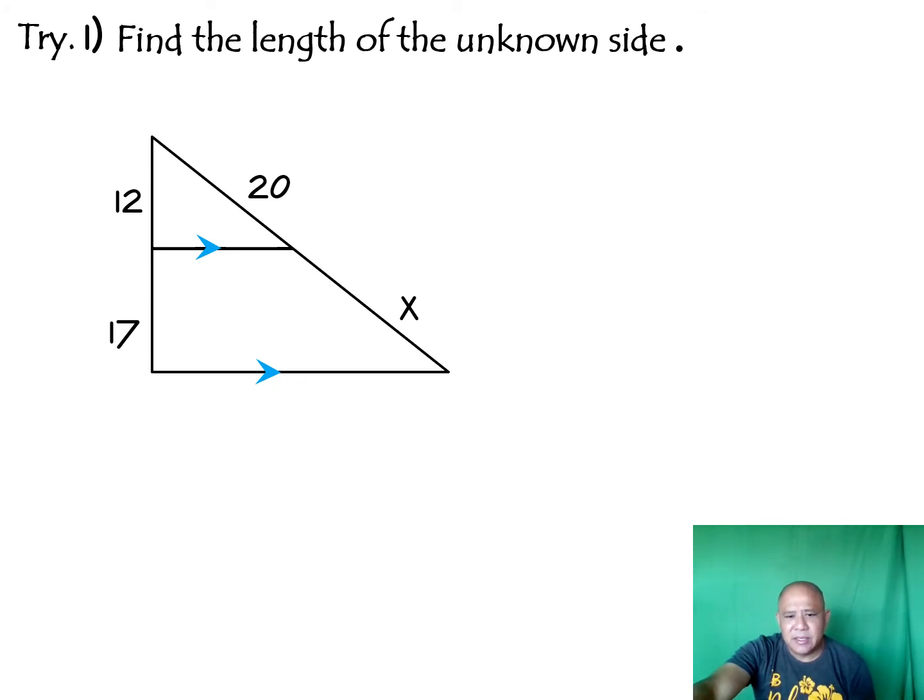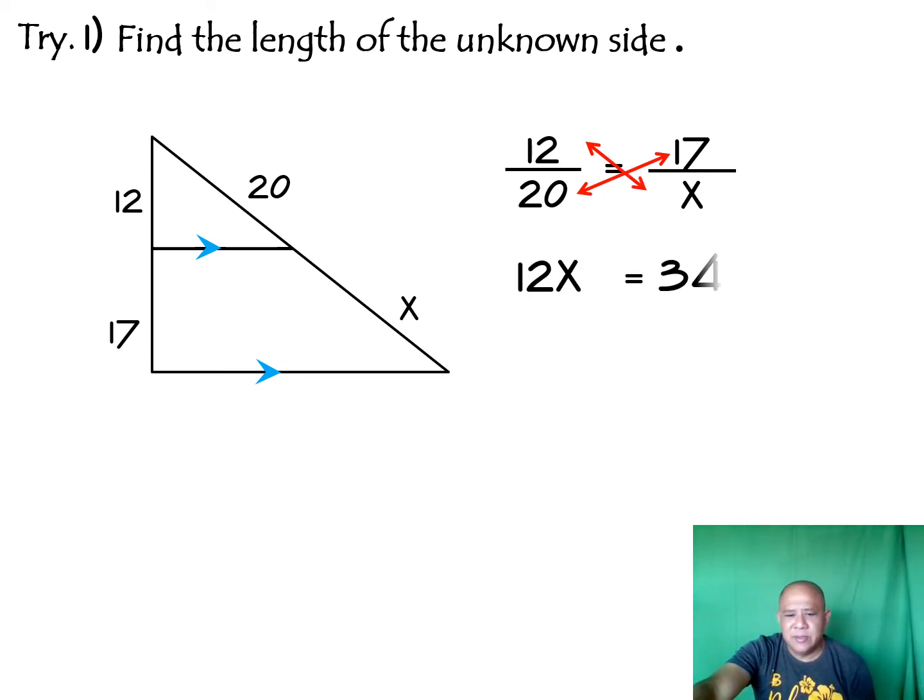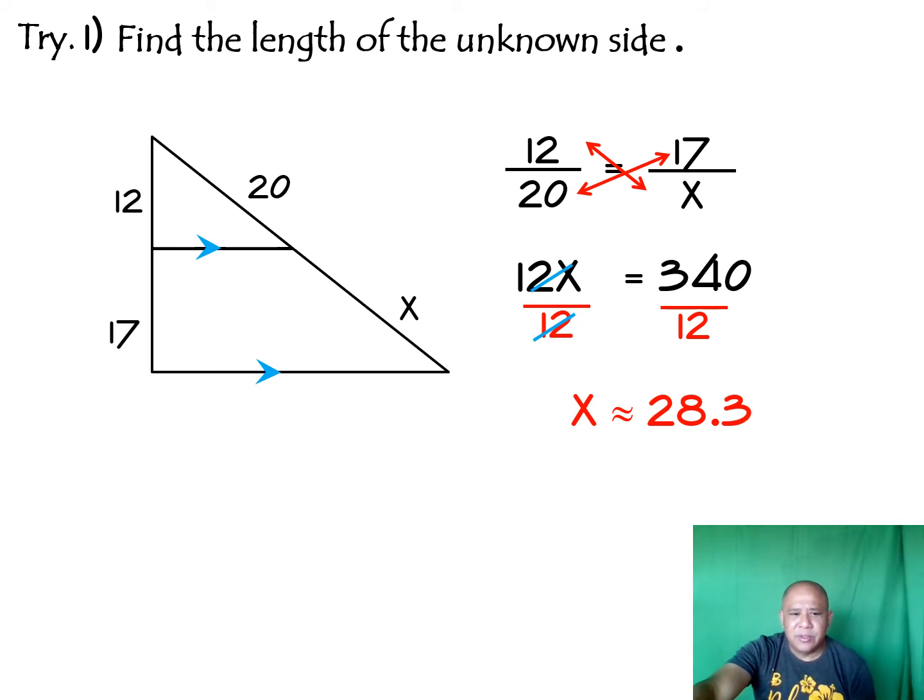I can say 12 is to 20 as, going from left to right, 17 is to x. Cross multiply. You get 12x equals 20 times 17, which is 340. Divide by 12, divide by 12. The answer is 28.3. If you got 28.3, you did good. If not, you need to try it again.